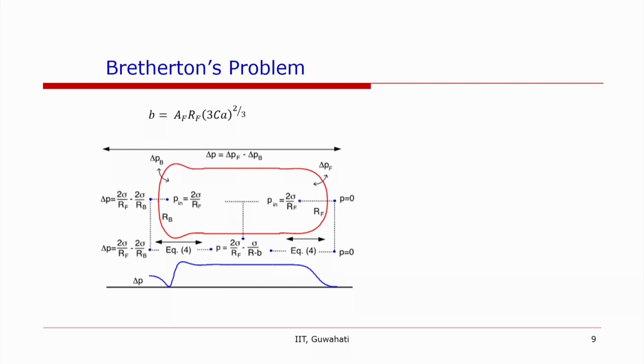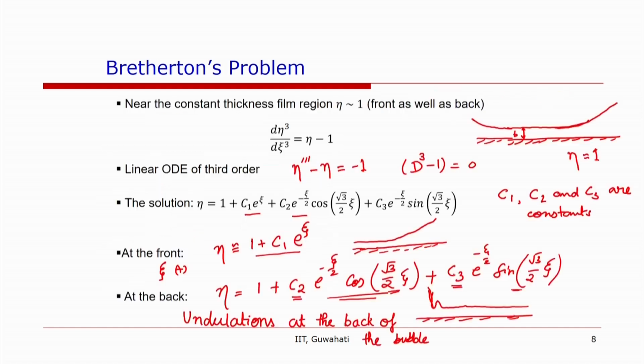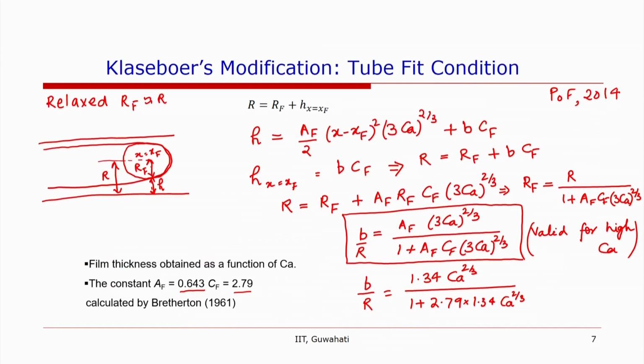So if we look at the bubble front, the pressure jump at the front was 2 sigma over Rf, and what was not known is Rf. So if you remember, we have obtained Rf in terms of R and Ca and the constant.